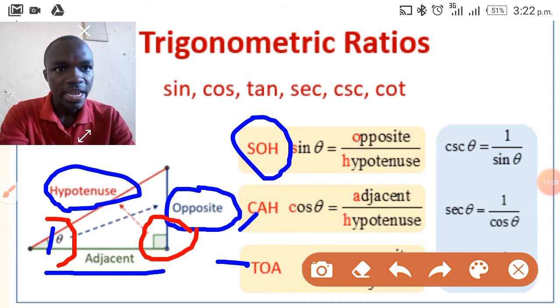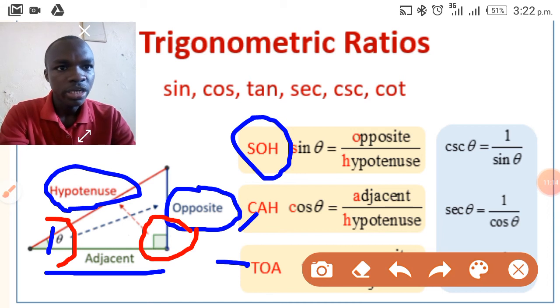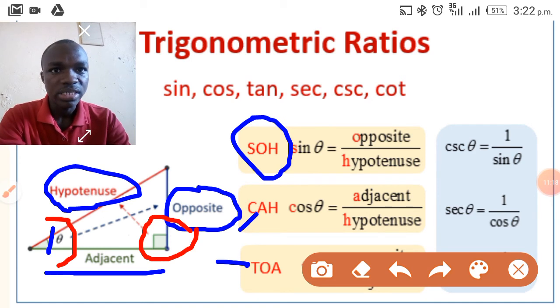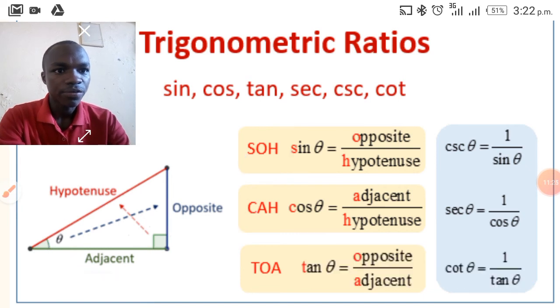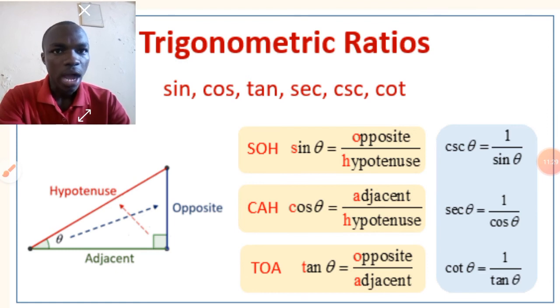So sine theta is equal to opposite over hypotenuse. In CAH, C is cosine, A is adjacent, H is hypotenuse. And then you have TOA: T is tan, O is opposite, A is adjacent.